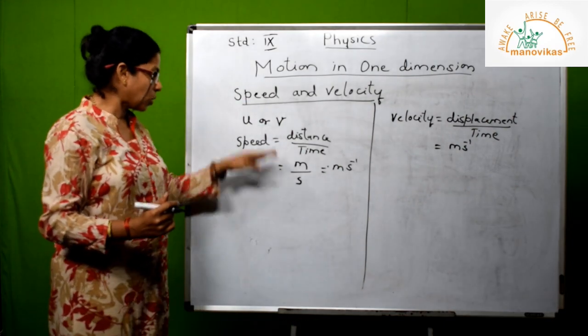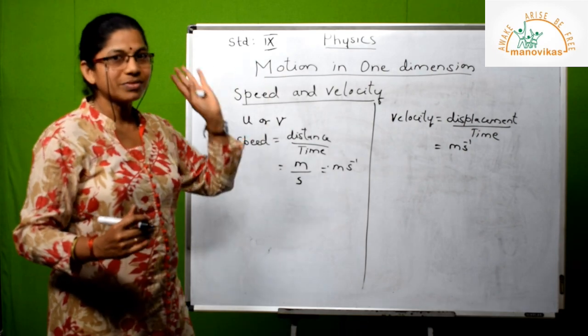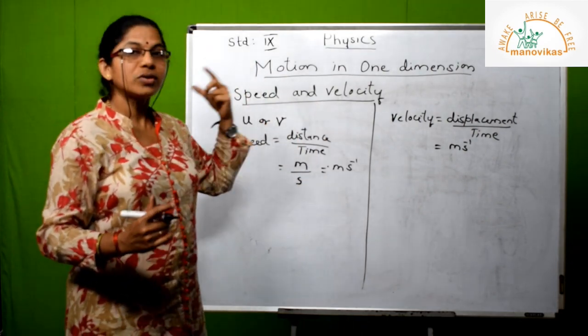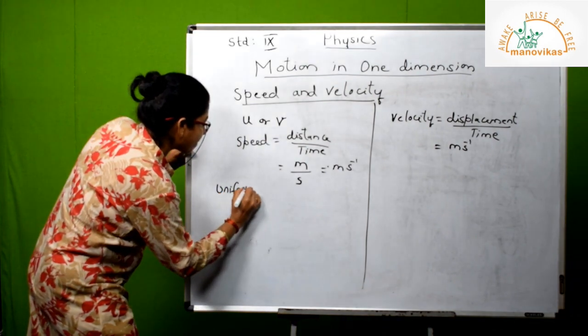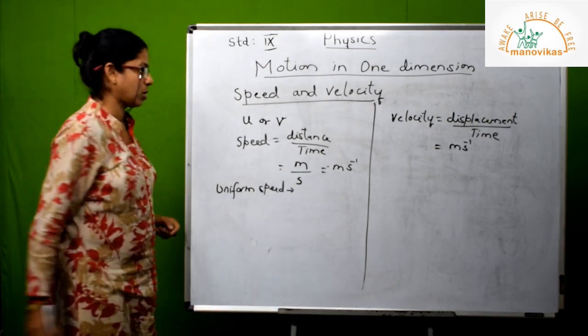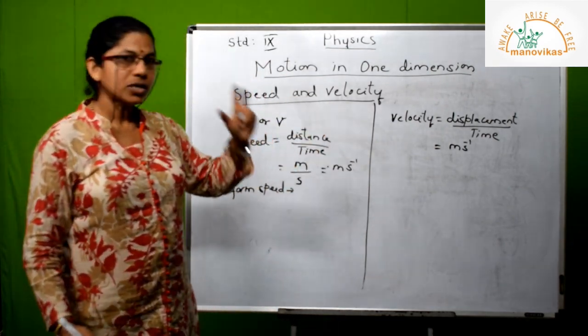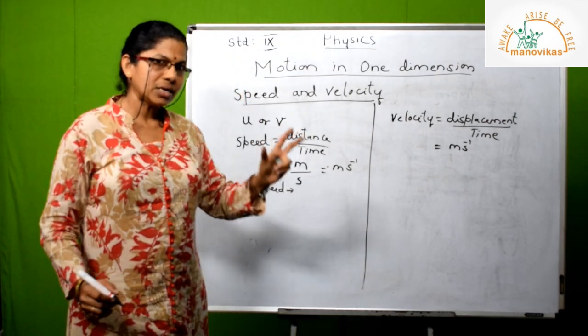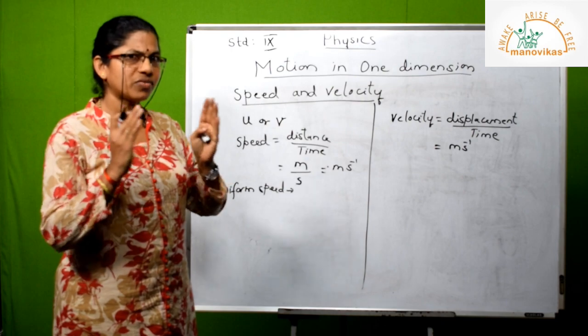Now under speed you have what is called uniform speed. What is uniform speed? Uniform speed is when an object covers equal distances in equal intervals of time.